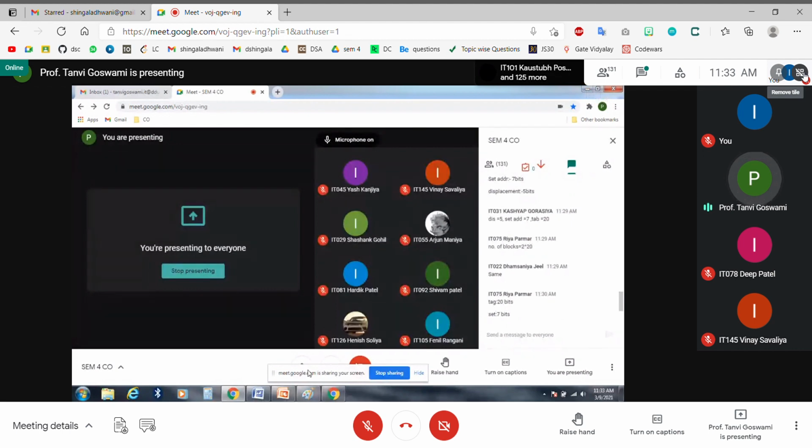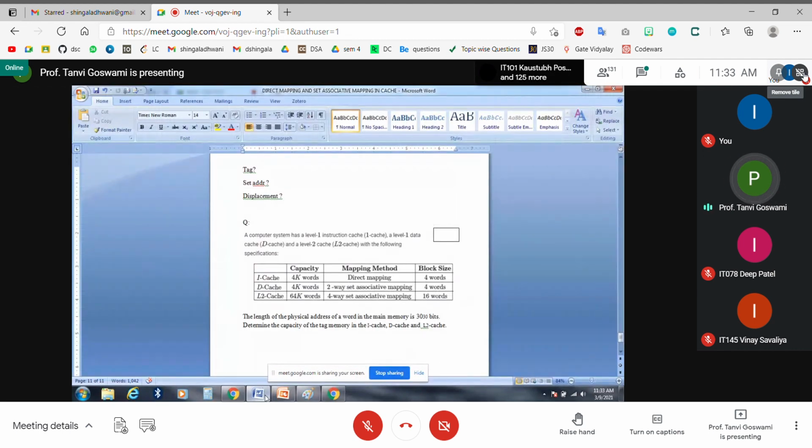The question given to you is in a double format. A computer system has two caches, a level 1 instruction cache, a level 1 data cache, and a level 2 cache, with the following specifications. The capacity of each and every cache memory is given. The mapping technique and block size for each are given.